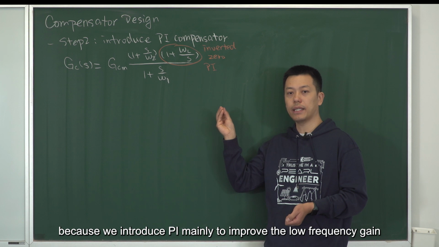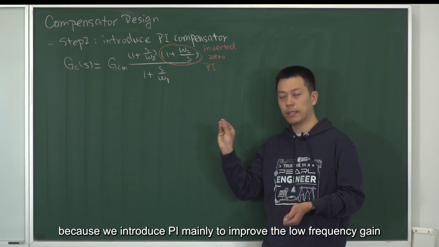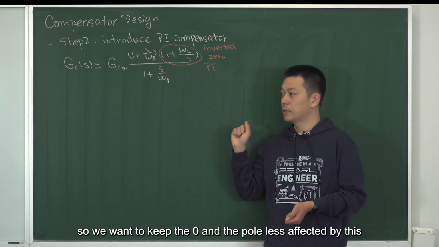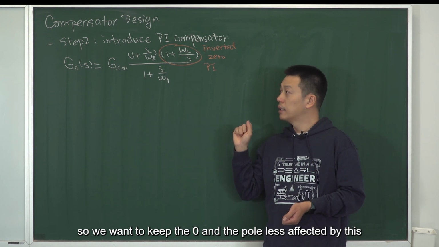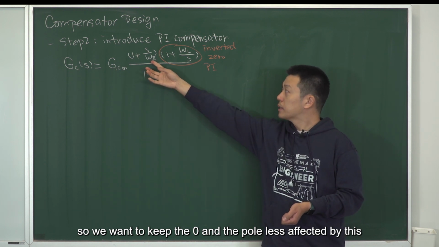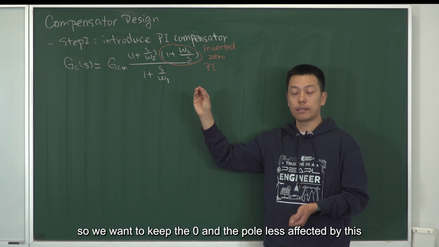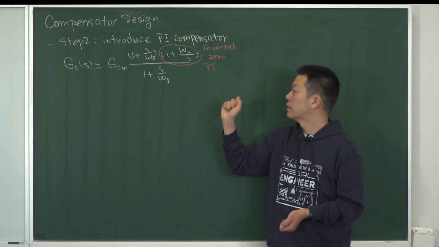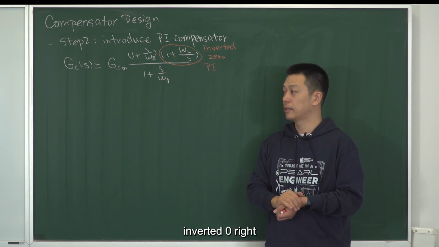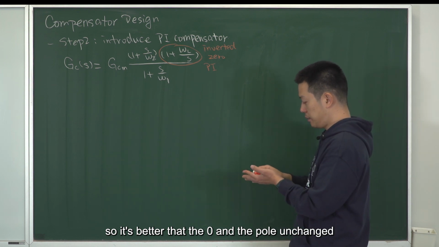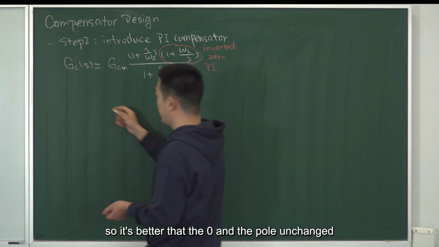Because we introduce PI mainly to improve the low frequency gain, we want to keep the zero and the pole less affected by this inverted zero, right? So it's better that the zero and the pole are unchanged.